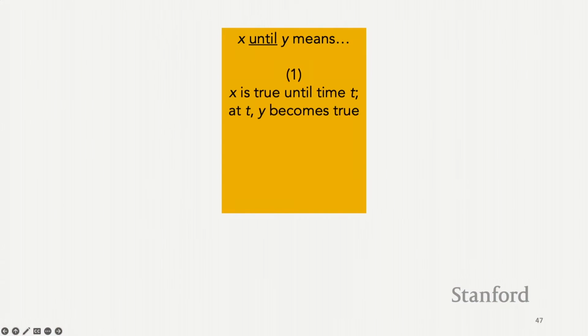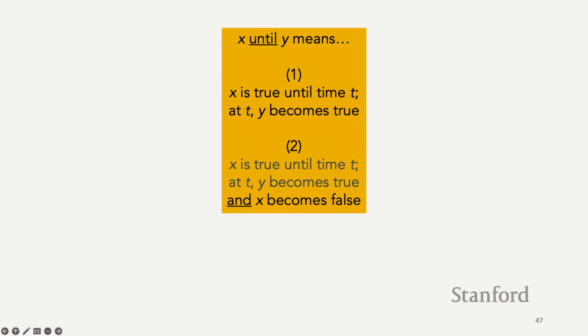Option one, there's some time t, X is true until time t, at time t, Y becomes true. Option two, same as the above, but at time t, X becomes false. Okay, let's vote. How many of you vote for option number one? How many of you vote for option number two?